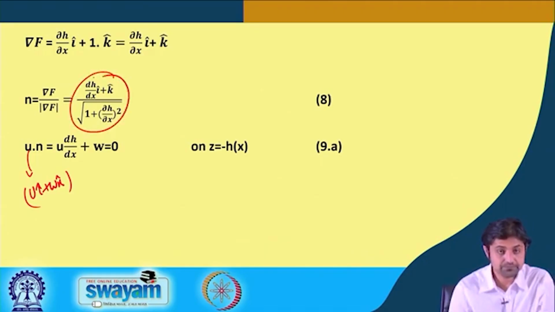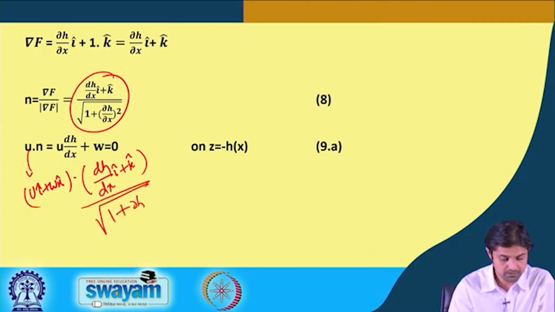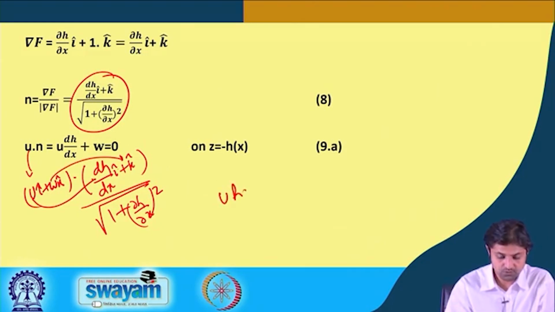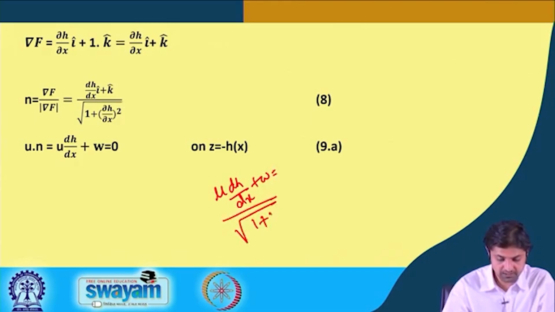If we do the dot product of u dot n, we get u dh dx plus w, divided by the square root of 1 plus dh dx whole square, is equal to 0.